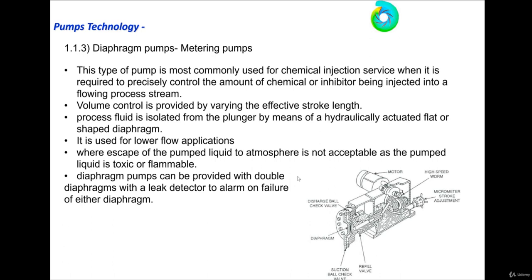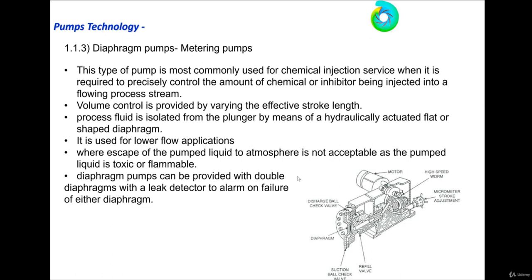When the plunger moves away, the oil also moves, and when the oil moves, it moves the diaphragm in suction and discharge. So this pump is a hydraulically actuated pump.